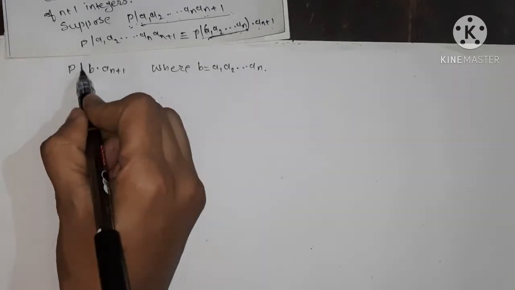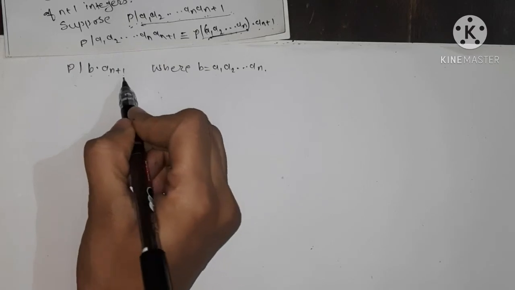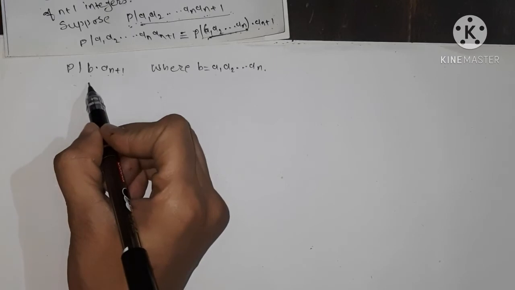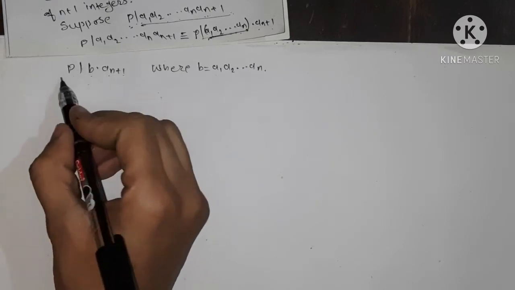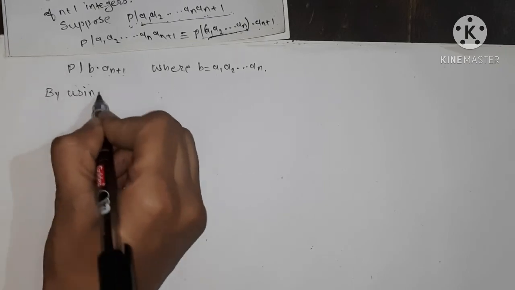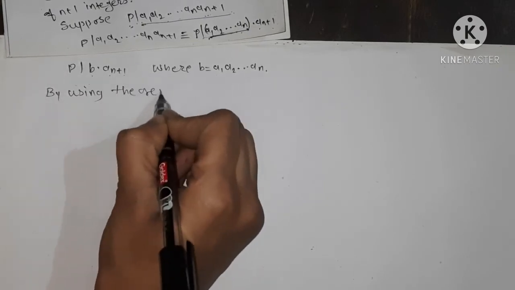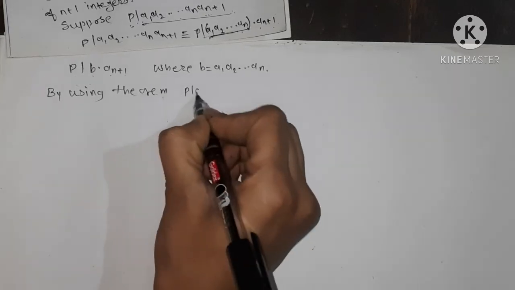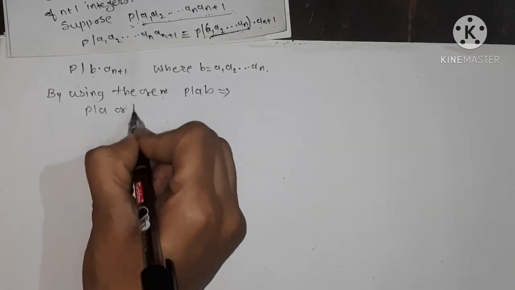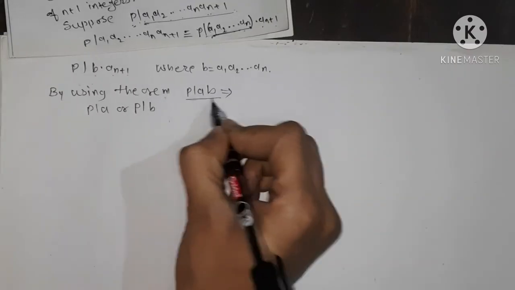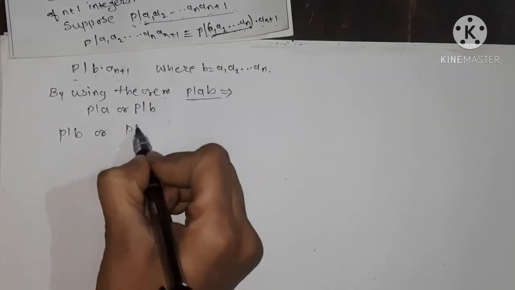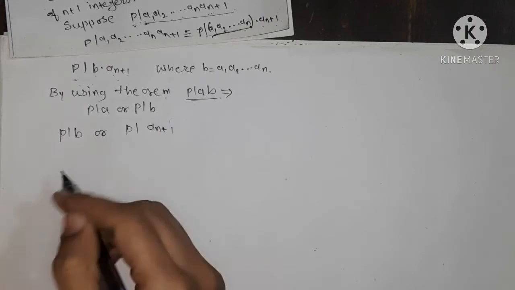Okay, now P divides B into An plus 1, and from the theorem that if P divides the product then P divides either of them, that is, P divides AB implies P divides A or P divides B, we use the theorem for this, and thus we have P divides B or P divides An plus 1.